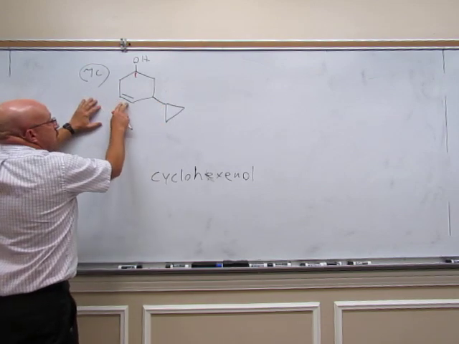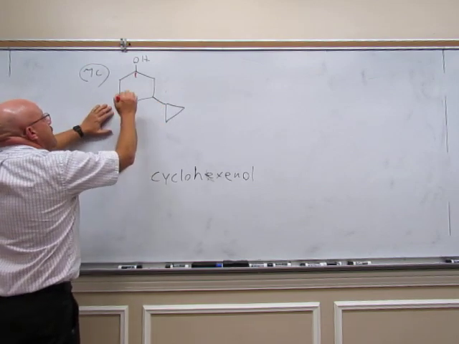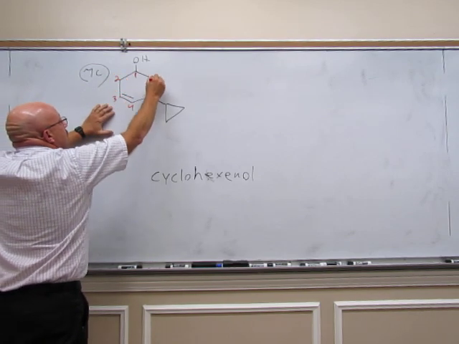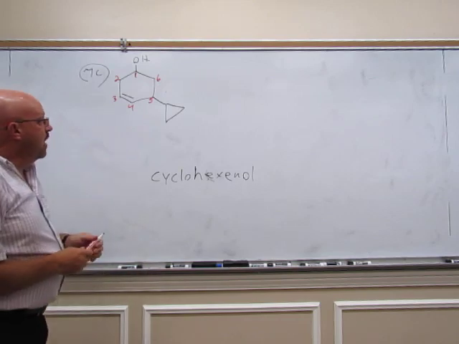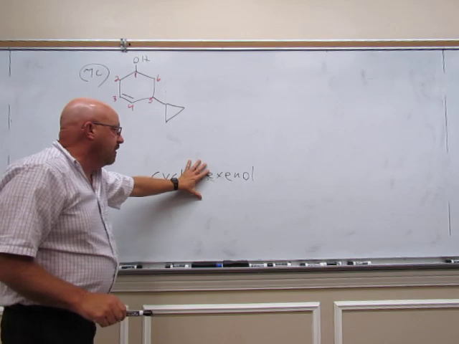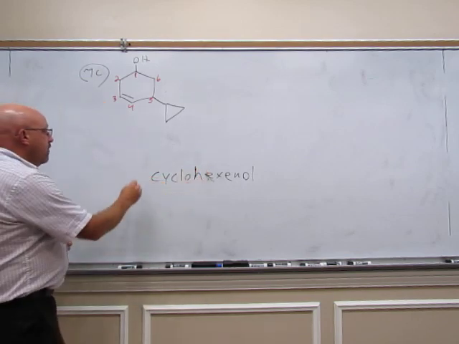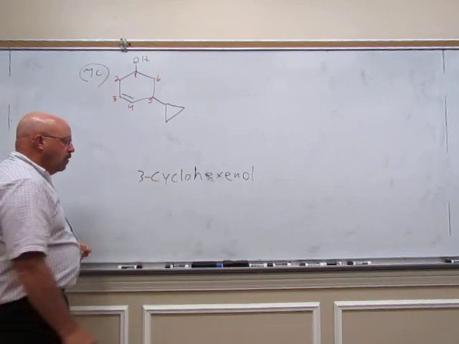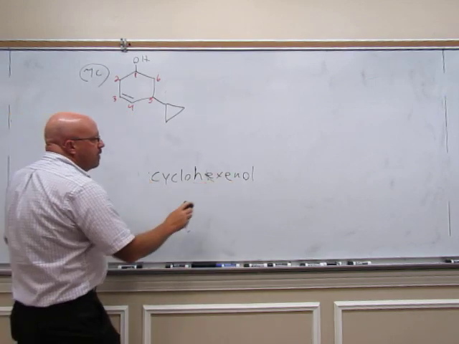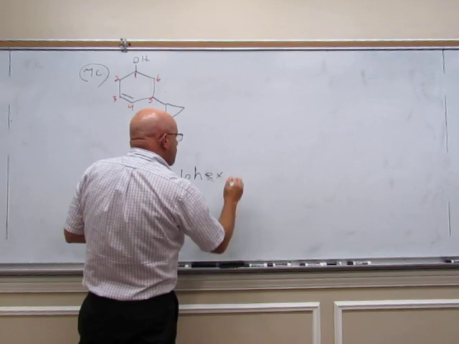So we want as smallest number possible for that alkene as we can get. So this would be 2, 3, 4, 5, and 6. So the double bond begins on carbon number 3. Now I need to indicate that in my name. You can put the 3 here in front, or you can put the 3 there directly in front of the ene. I like it in front of the ene better, so that's what I'm going to do.